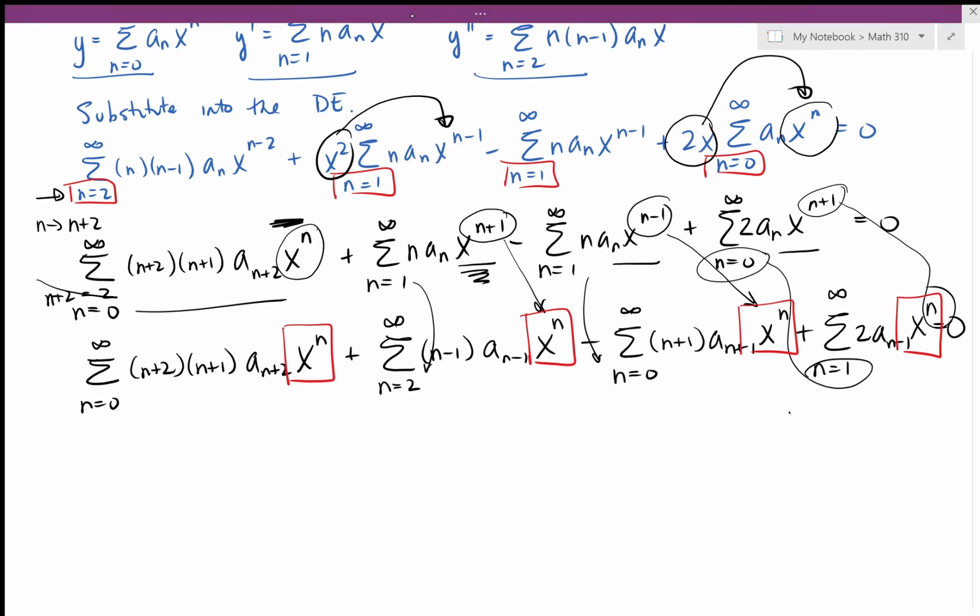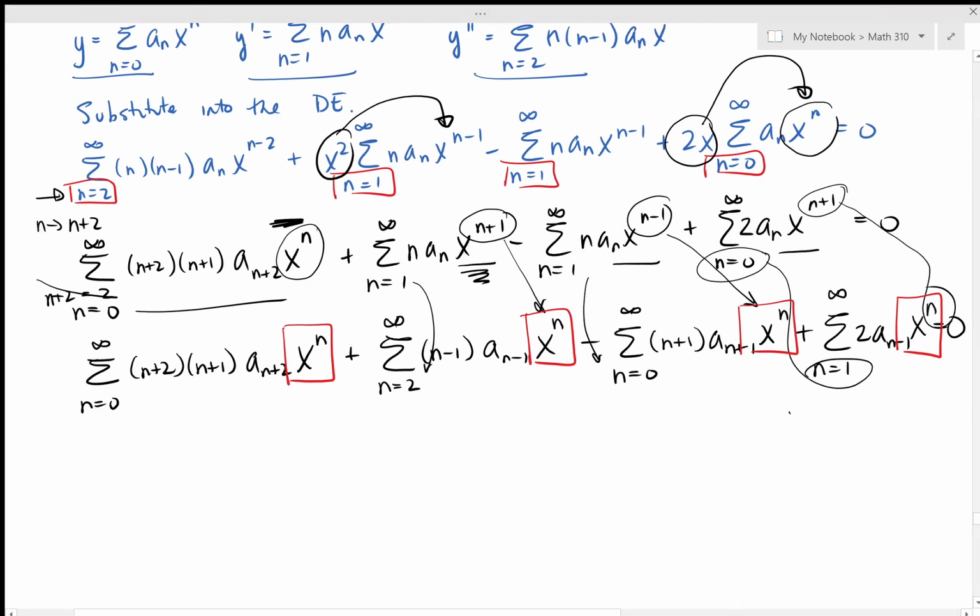Now I'm looking at the lower index on these sums, and I see that I've got 0, 2, 0, and 1. So I can start them all at 2. I want to make them all the same.